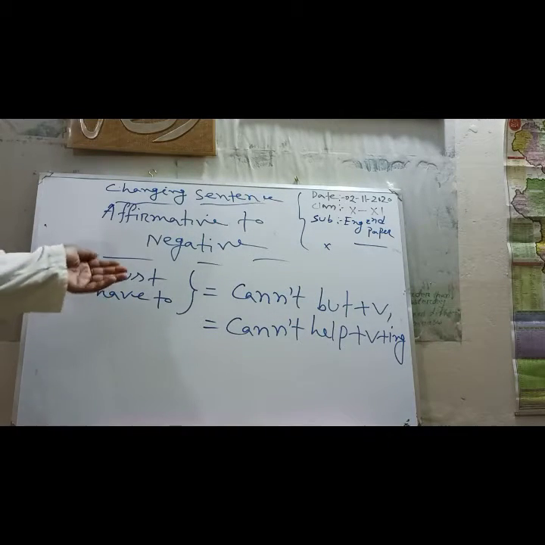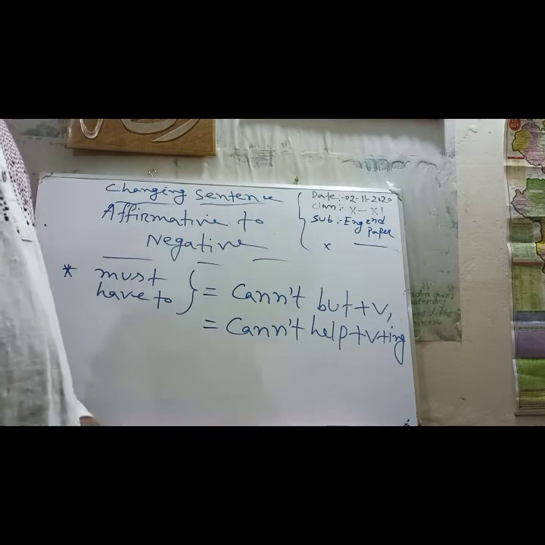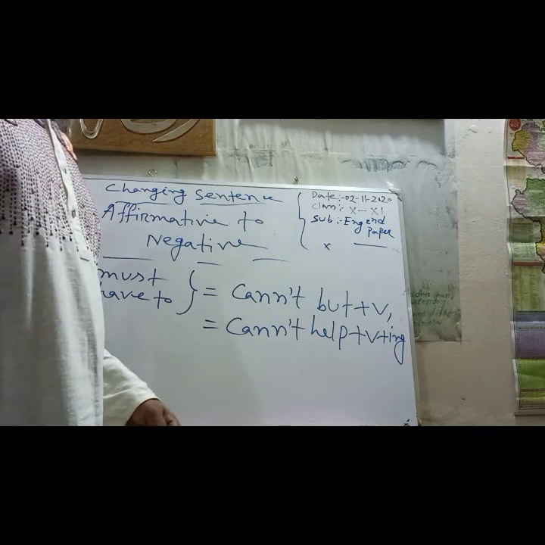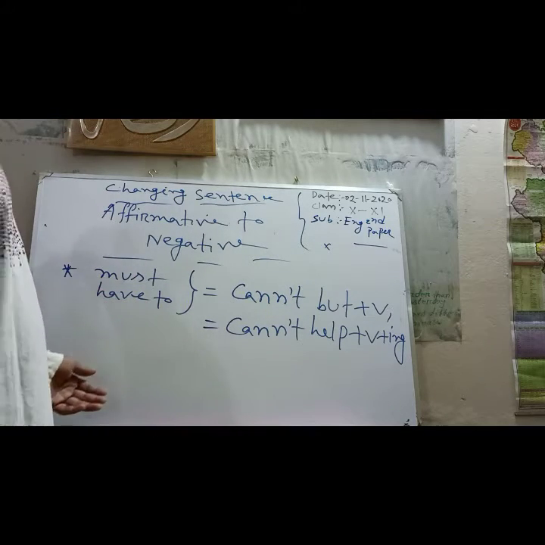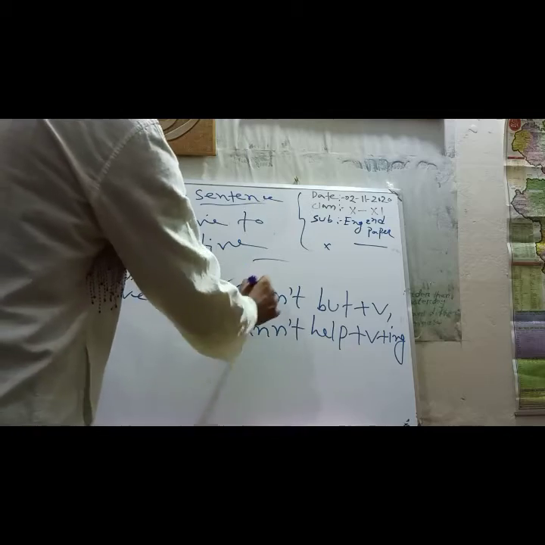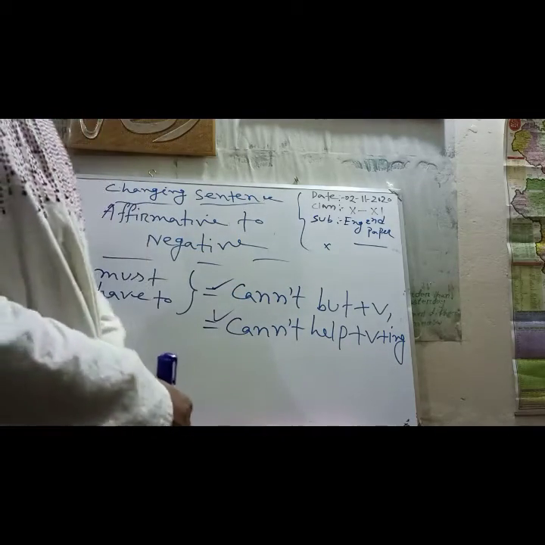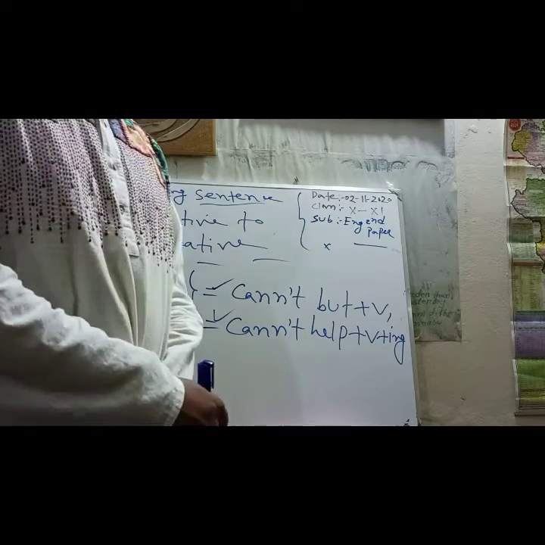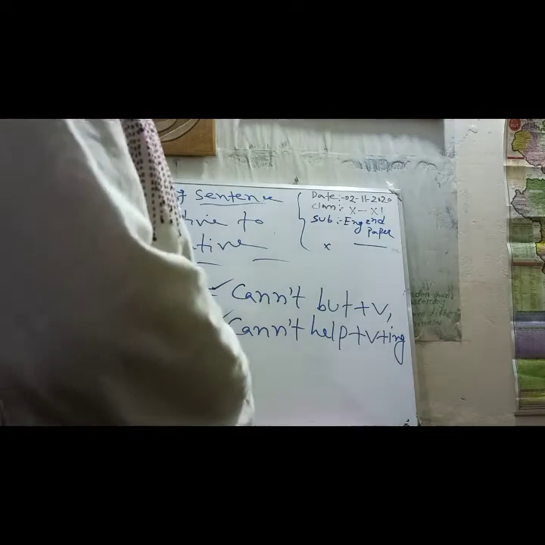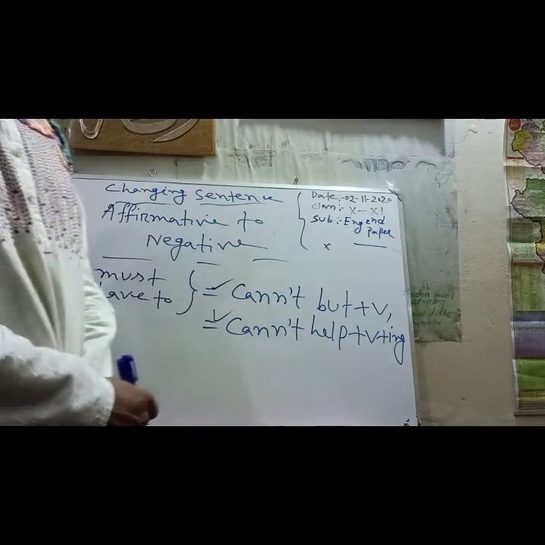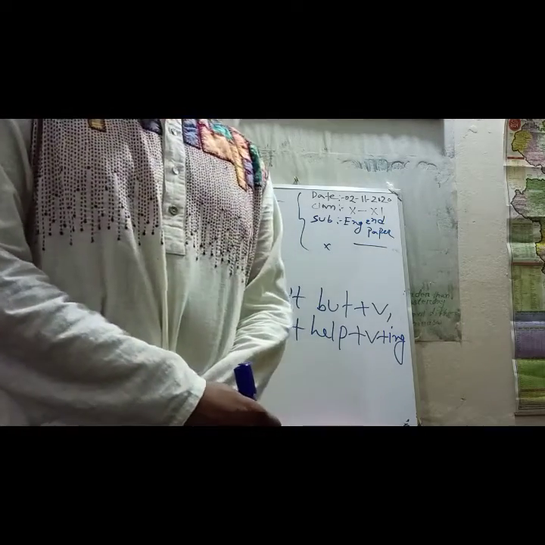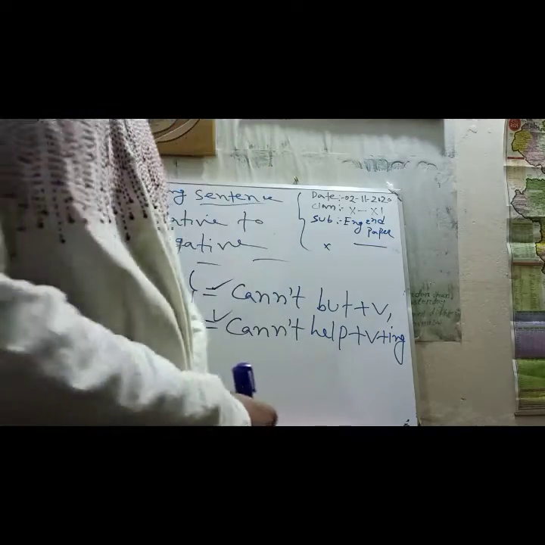If we get must or have to in an affirmative sentence, then we can change it in two ways. If we use can't but, then we use the present form of the verb after it. But if we get can't help, then we use the ing form after the verb.